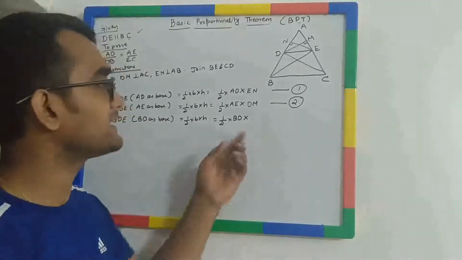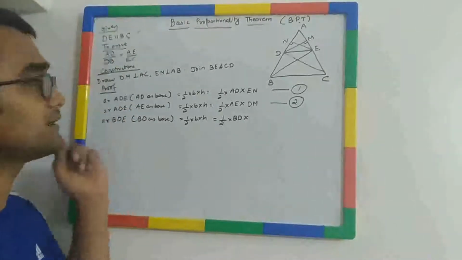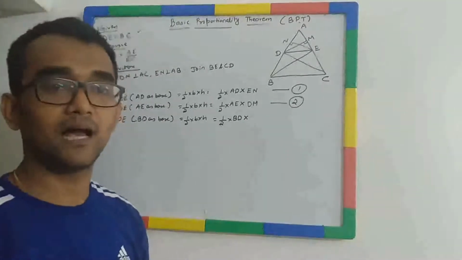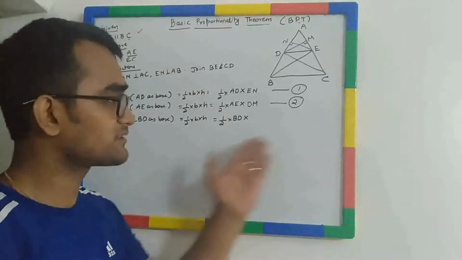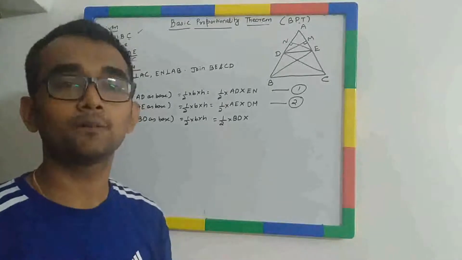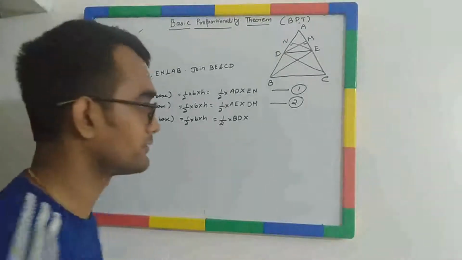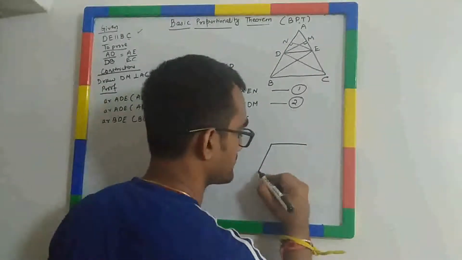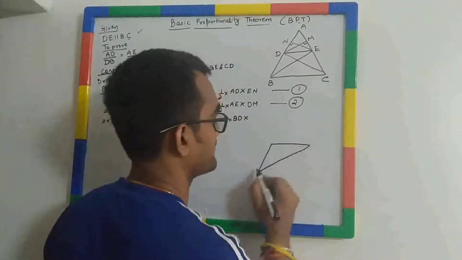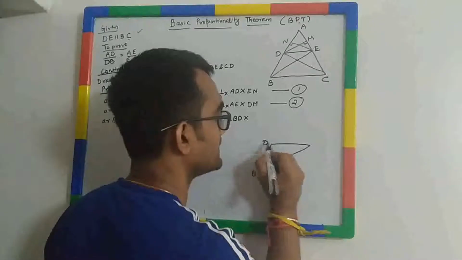So what will be taken as height of the triangle BDE? This I will explain to you separately, but the explanation will not be a part of the proof. B, D, E.